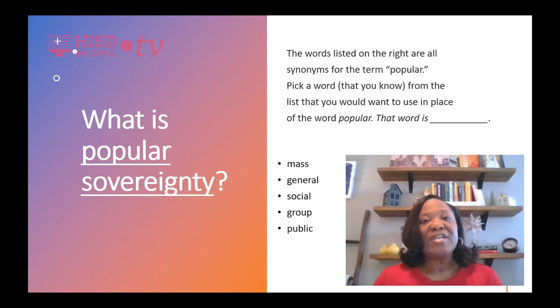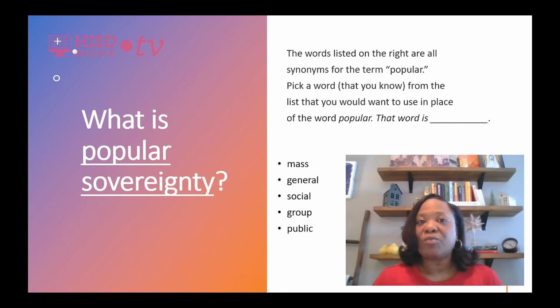So as we talk about this, let's ask ourselves, what is popular sovereignty? The words listed below are all synonyms for the term popular. I want you to pick a word that you know from the list that you would like to use in place of the word popular. So we have mass, general, social, group, and public.